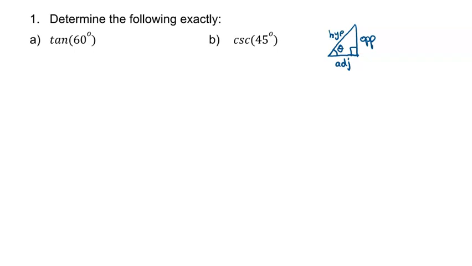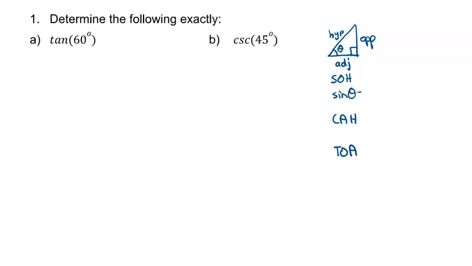With that understanding of any right triangle, we can then use something called SOHCAHTOA. What that gives us is the ratio of sine, cosine, and tangent. Tangent is the one we're going to want to use here.